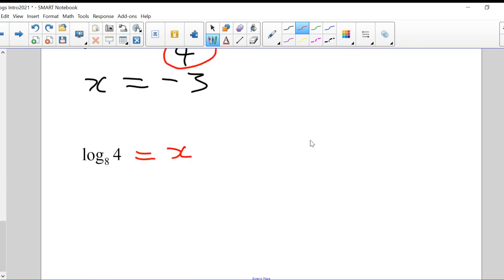It's just different numbers, but it's the same logic. Tell me what this would look like if the log base 8 of 4 was equal to x. How else could I write this in what we're calling exponential form? You're just going to switch up the numbers now.